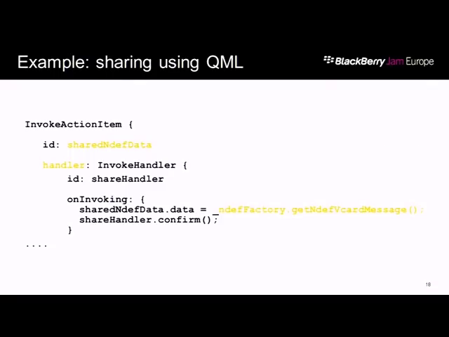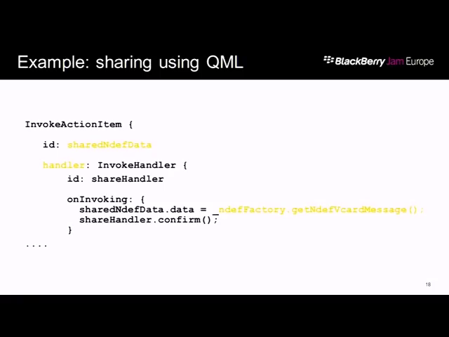Now, again, this is another part of the same application. Remember, invoke action item. It has a handler. So part of the process is that this particular entry point here is effectively an event that gets triggered.